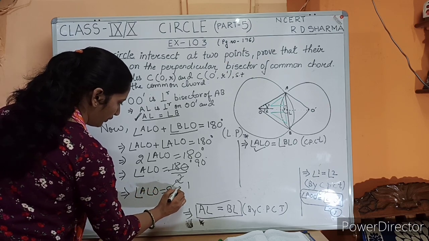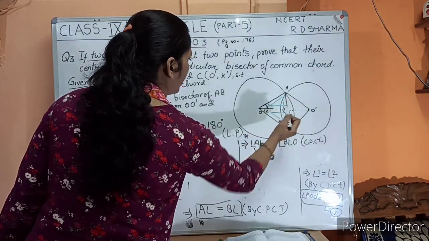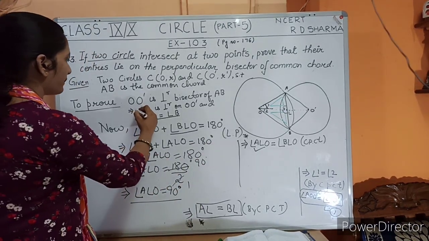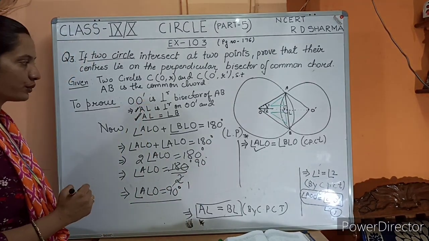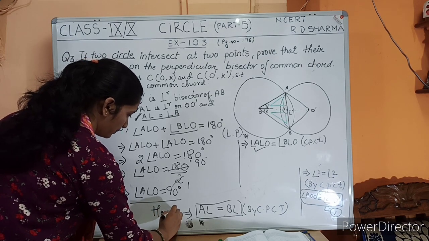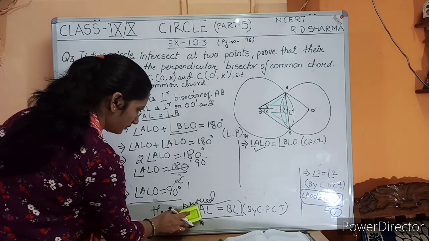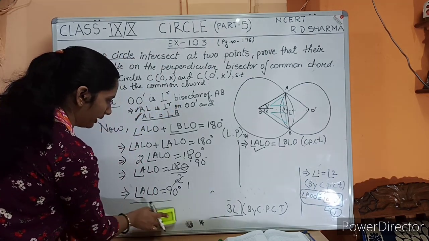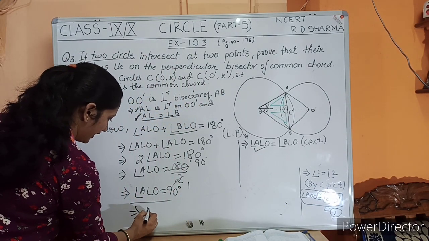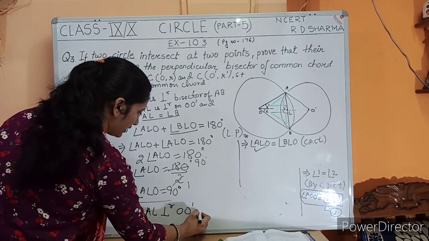So we have proved this also, that AL is perpendicular to the line OO dash. So this part of the theorem is also proved. So at the last you may write just hence proved. Before that you may write one statement, that this implies that AL is perpendicular to OO dash.